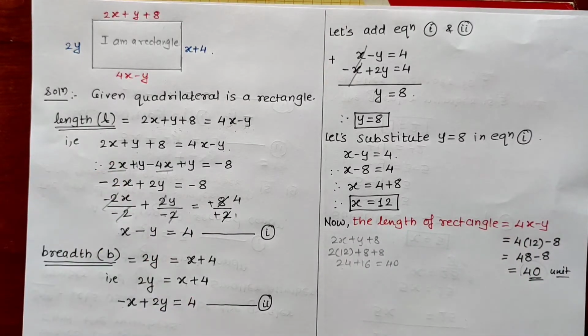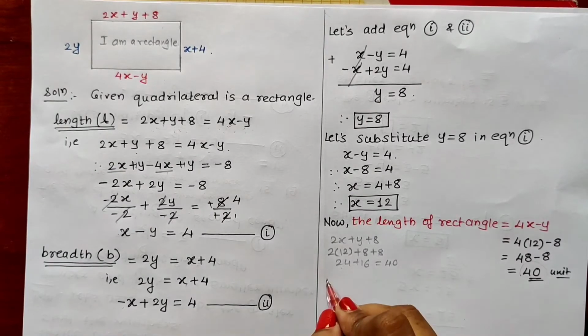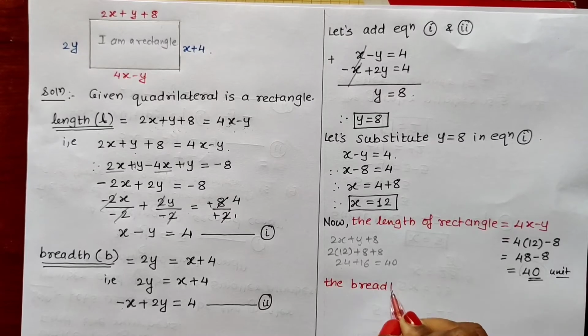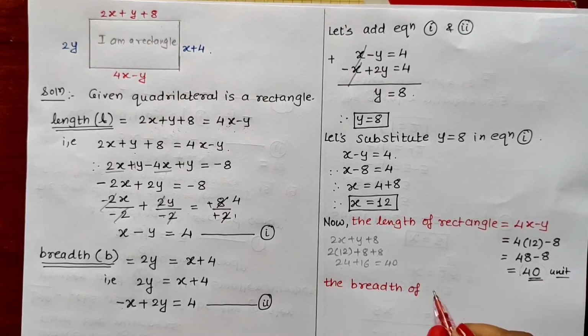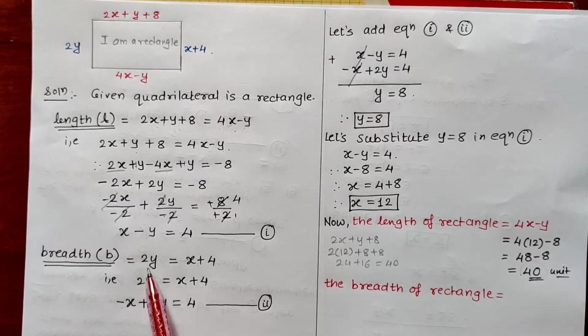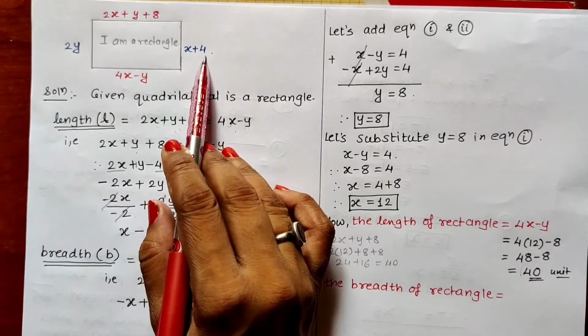Now let us get the breadth. The breadth of the rectangle is equal to, now you can put in 2y or x plus 4. Okay, either you can write 2y or x plus 4. Answer you will get same in the end.